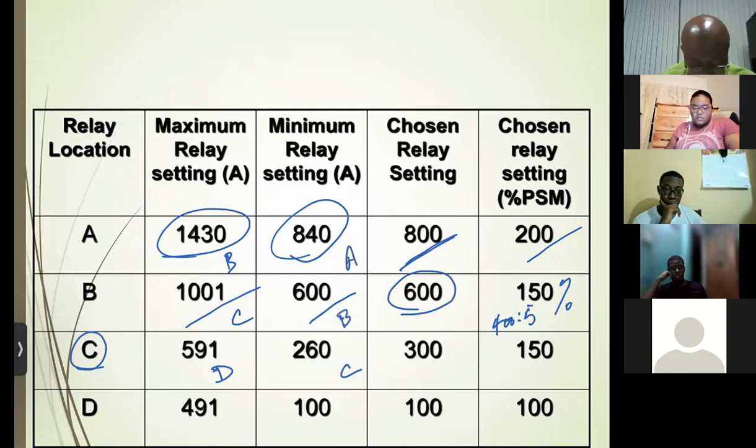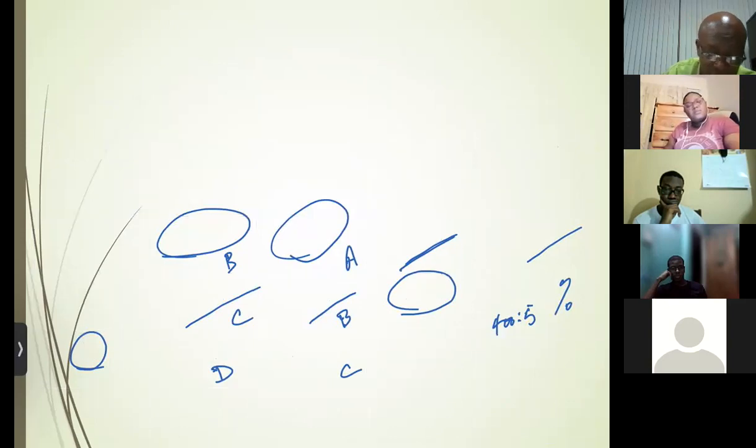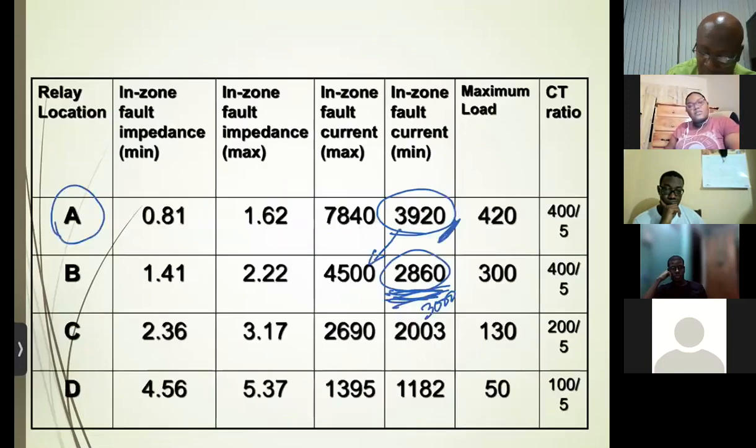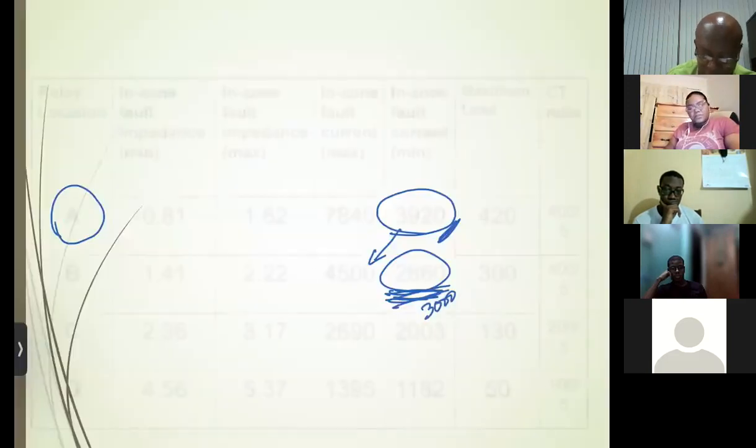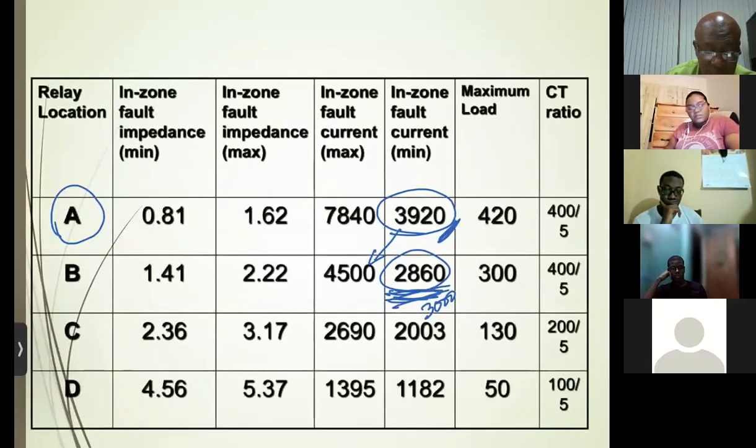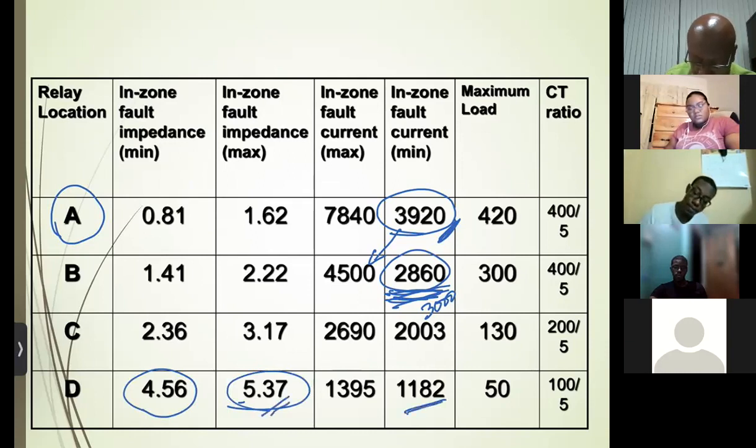All right, and for D, as I said before, we would simply be adding this, the 1.1, to the values here in order to get the minimum fault. You with me?